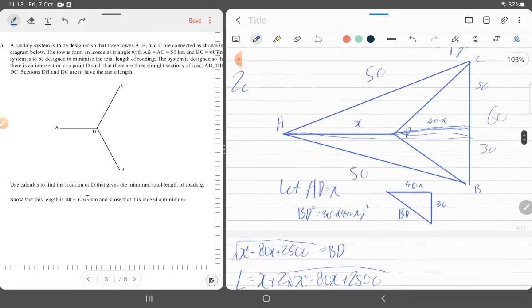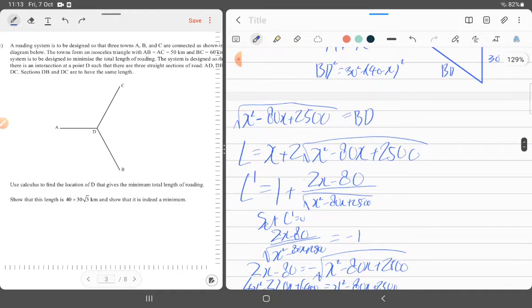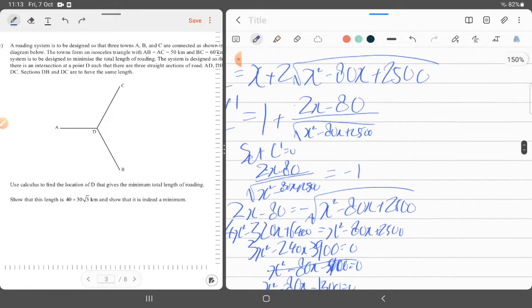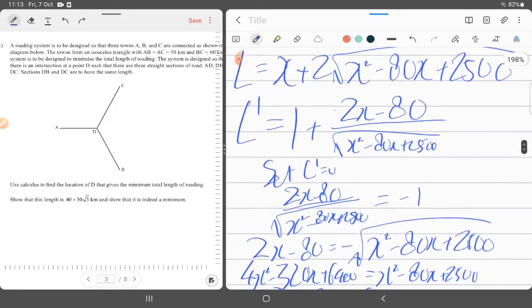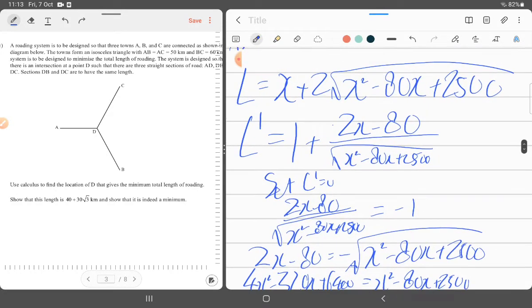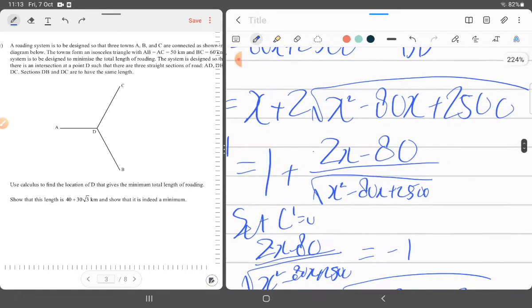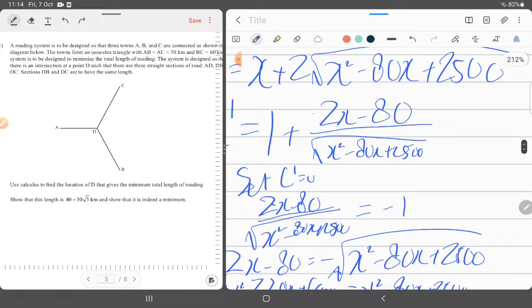So BD, so 2 of x, 2x take away 80, square root of negative x squared.